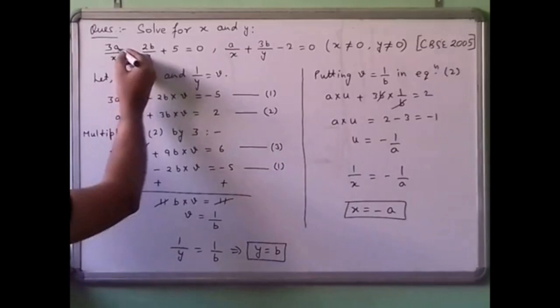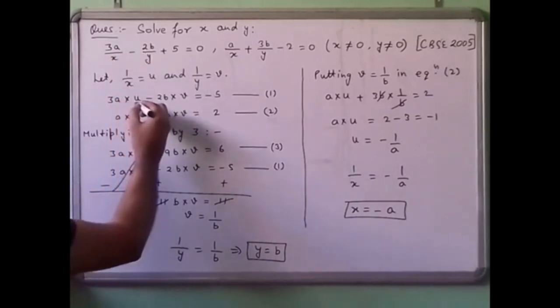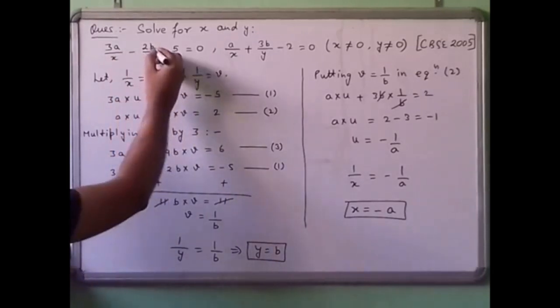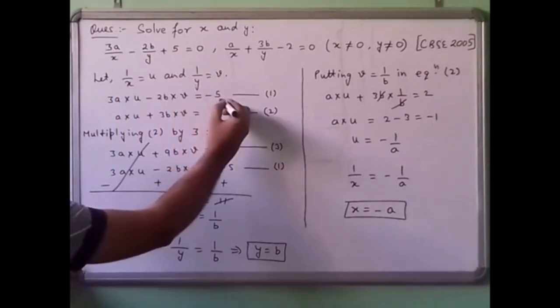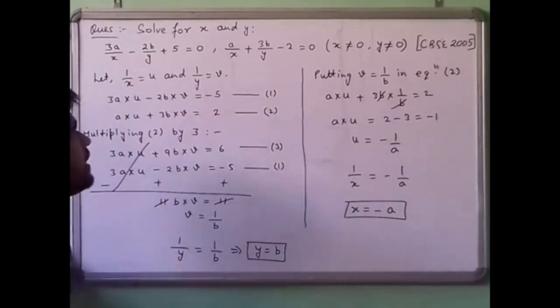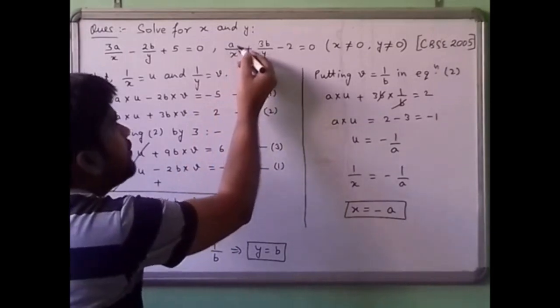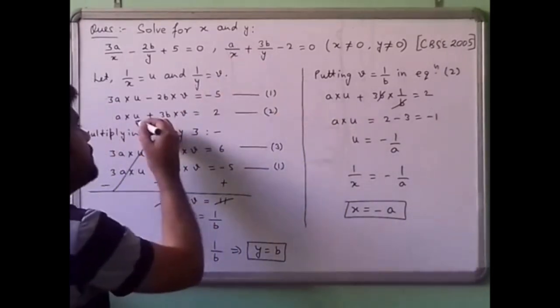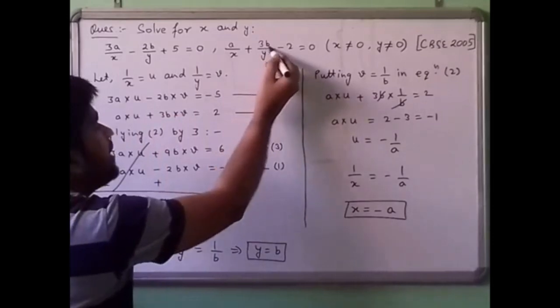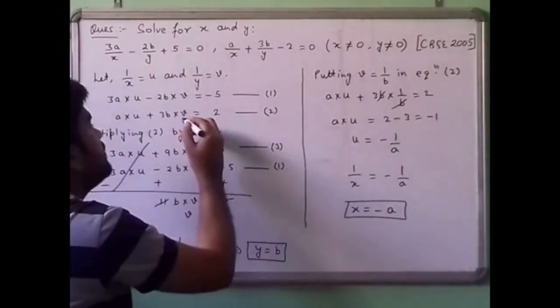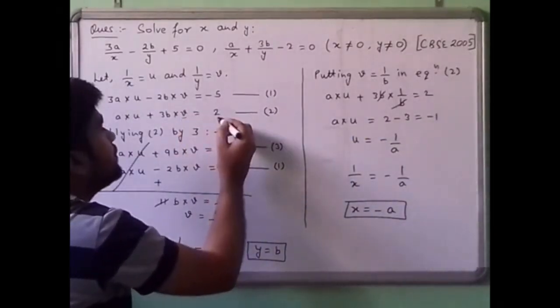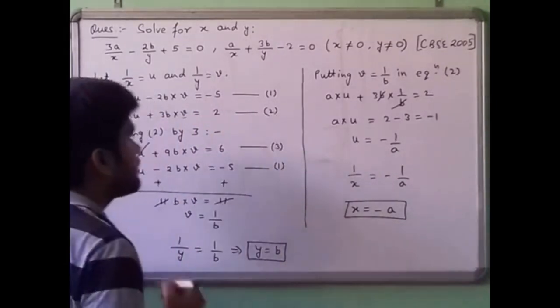So 3a multiplied by u minus 2b multiplied by v is equal to minus 5, equation 1. Next, a multiplied by 1 upon x, which is u, plus 3b multiplied by 1 upon y, which is v, equal to 2, equation number 2.